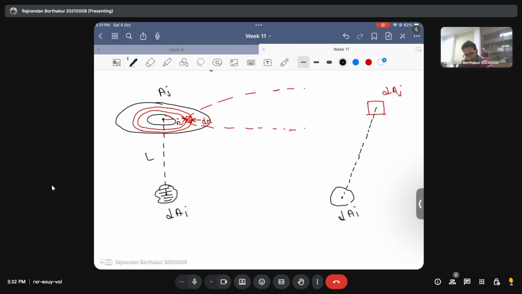And I hope this is clear to what I am saying. But remember, it is not that R that is given in the problem, it is this length L that is given.